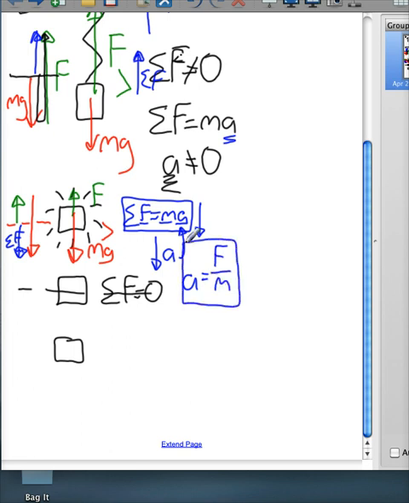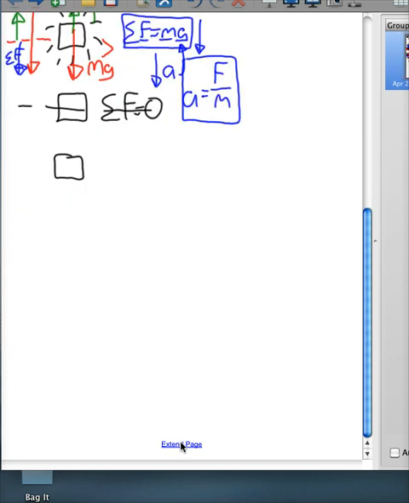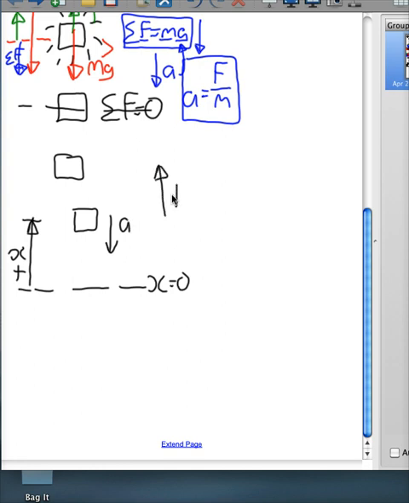So we have a situation here. If this is our rest position where x equals 0, then when the mass is up here, okay, x is positive, but the acceleration is negative. Remember, upwards in this case, we defined it as positive. Alright? So when the mass is up here, the acceleration is downwards.